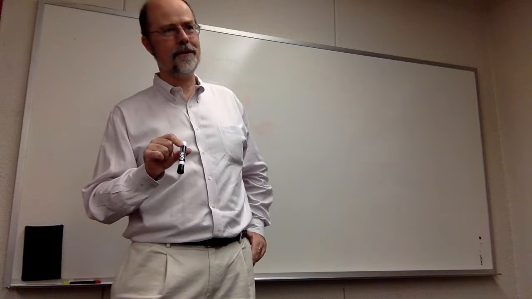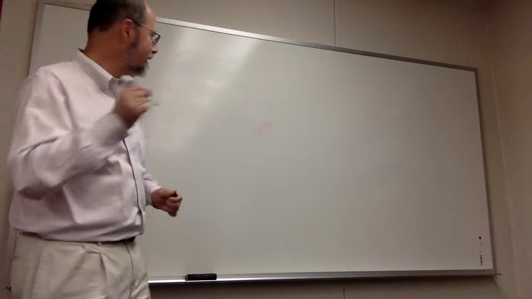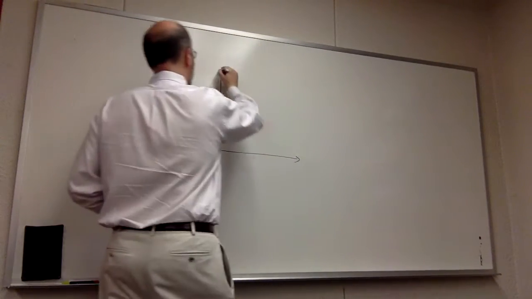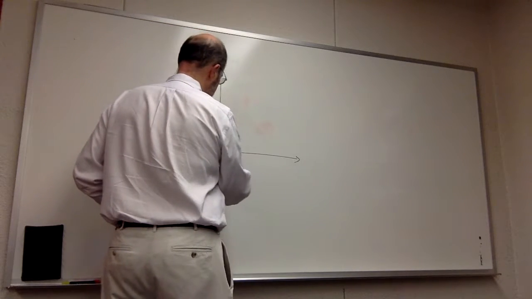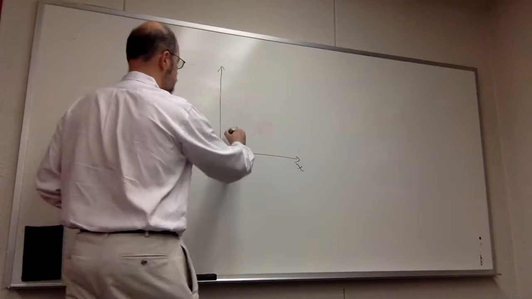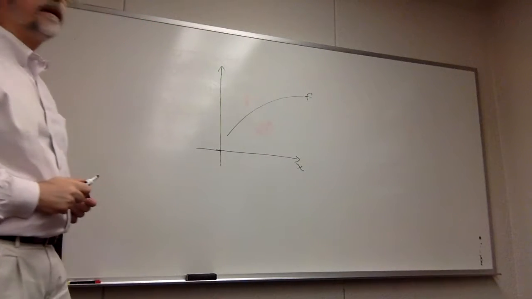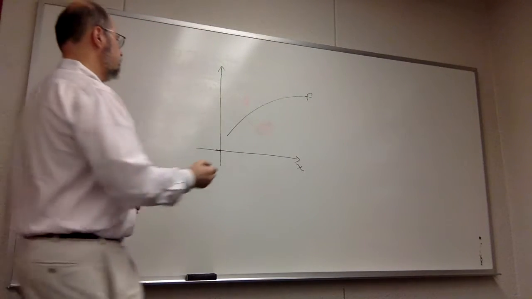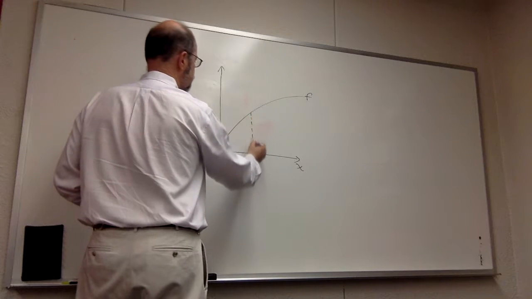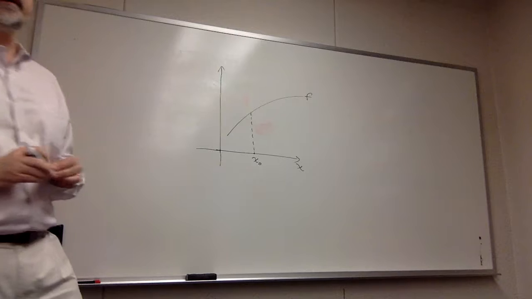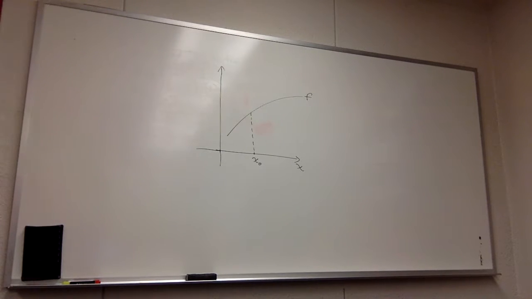But there is a first order one. And that is actually extremely intuitive. Here's a concave function. The graph of the function f might go like this. Take a point, let's call it x0. It's some point in the domain of definition of the function.